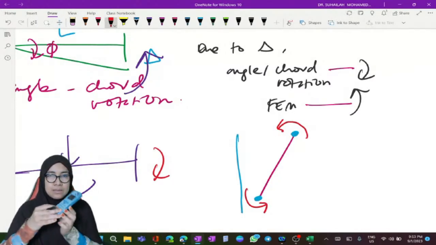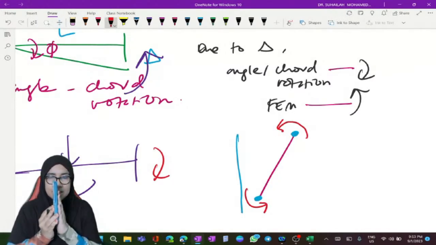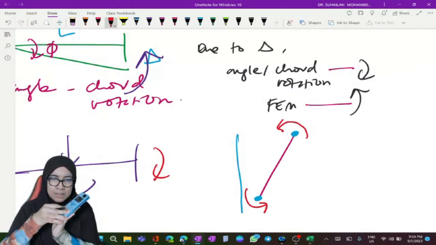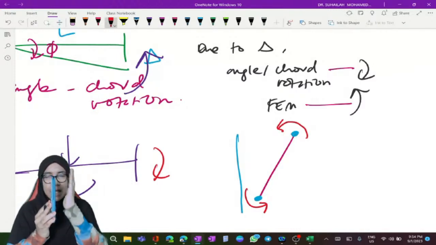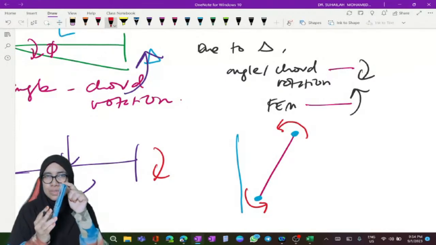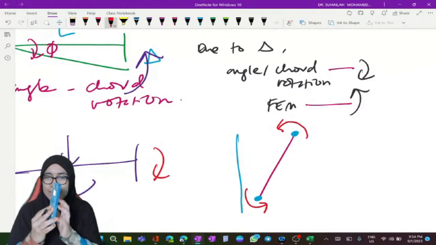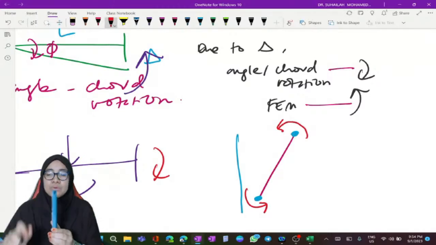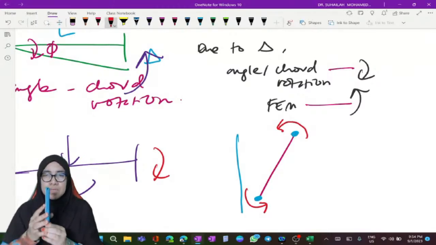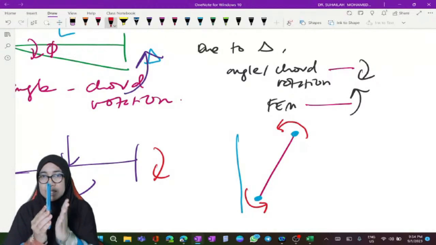The angle is going to be like this, and we have to push back, so it is opposite. The original is the straight position. Sidesway moves to the side, whether left or right doesn't matter, depending on the loading or geometry given.